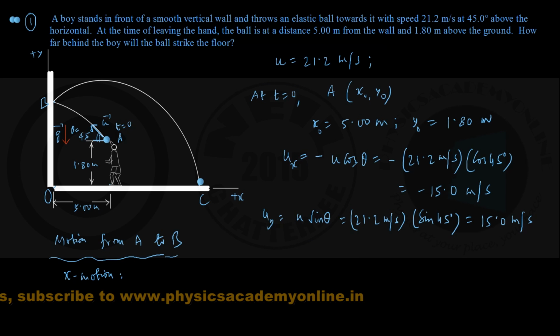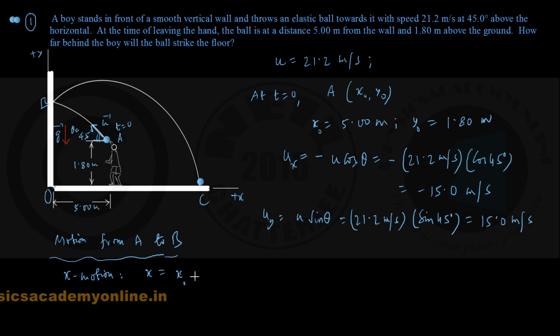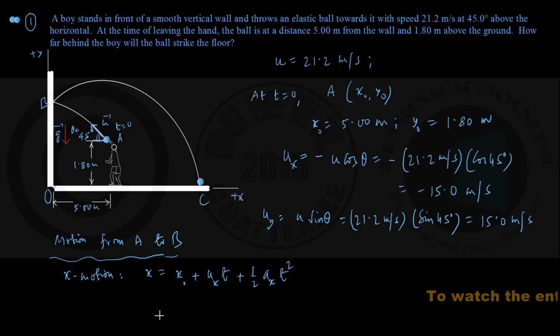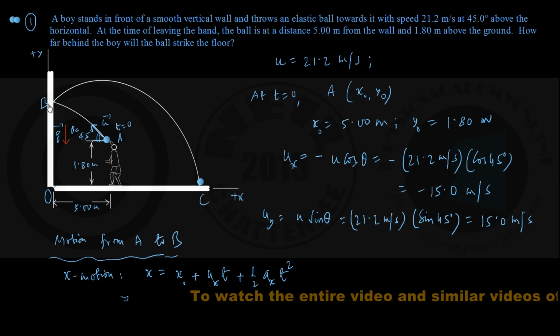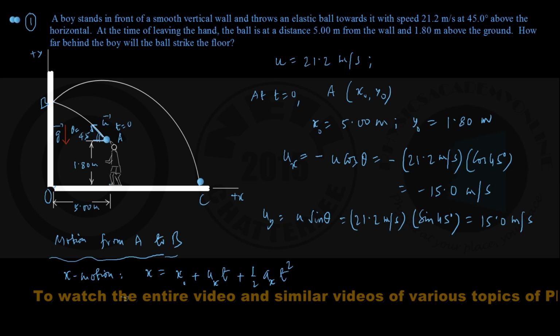between A and B. We apply this formula: the final position coordinate x is equal to initial position coordinate x0 plus x component of initial velocity into time of travel plus half into x component of acceleration into time squared. Now, as you can see, the point B is lying on the y-axis, therefore the x coordinate of the point B is 0.